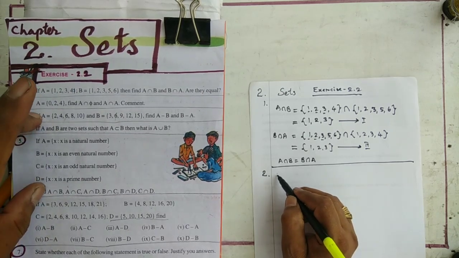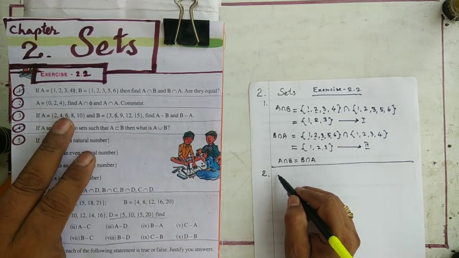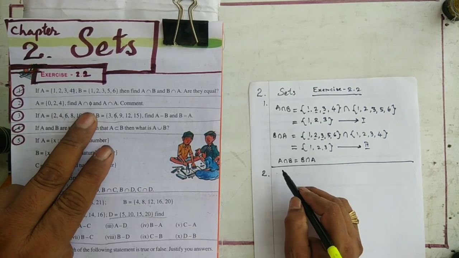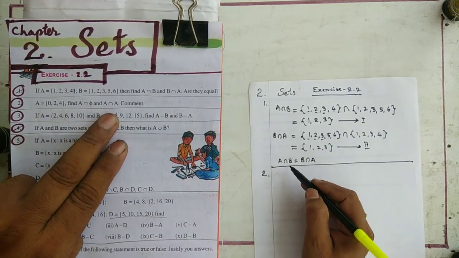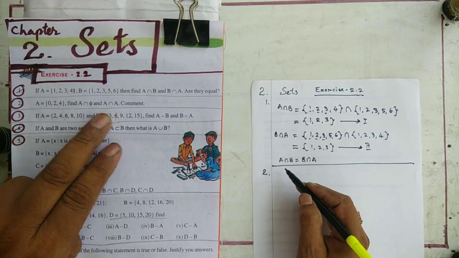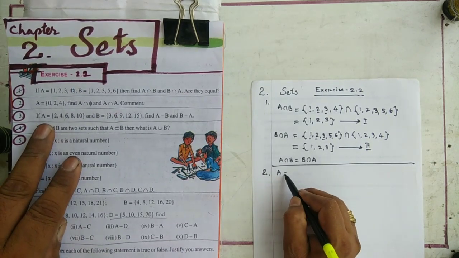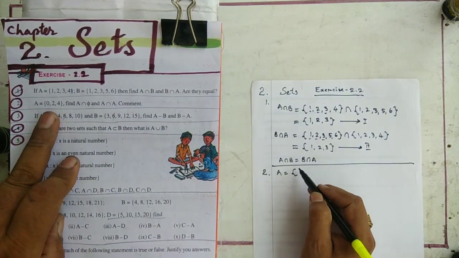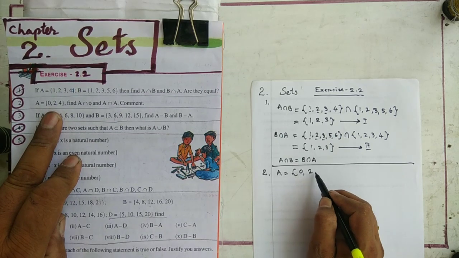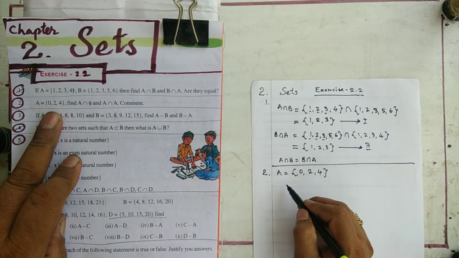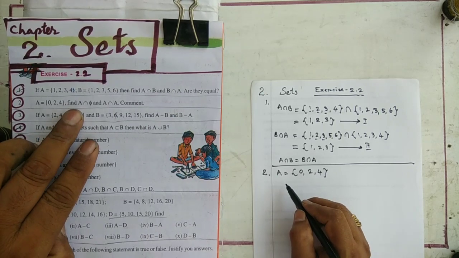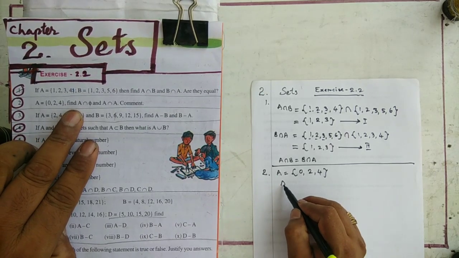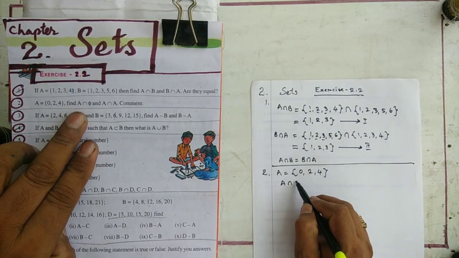A is equal to {0, 2, 4}. Find A intersection phi and A intersection A, and comment. A is equal to the given set {0, 2, 4}. First we have to find A intersection phi.